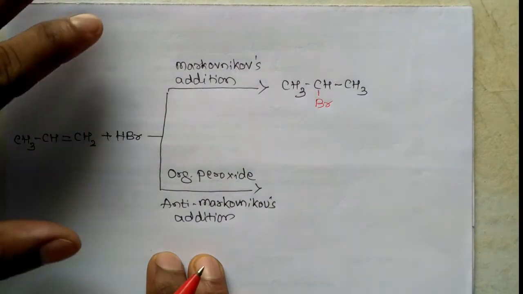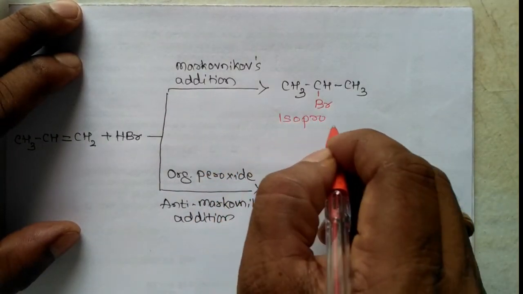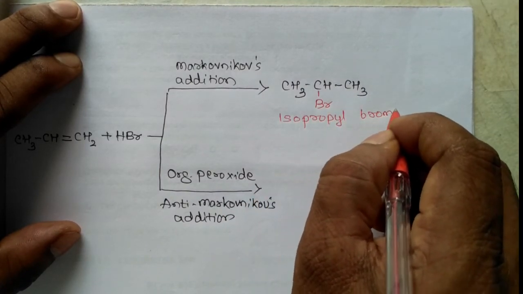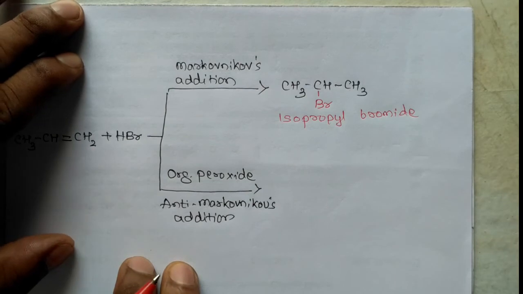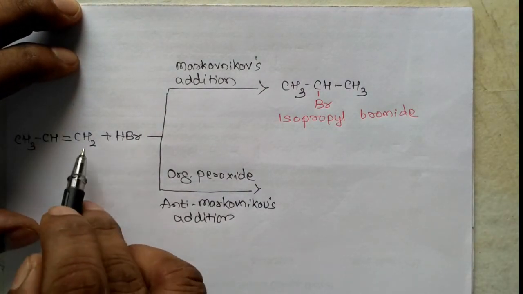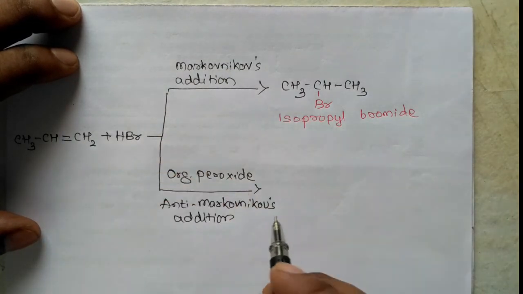So this is isopropyl bromide. In the presence of organic peroxide, the addition of Br takes place to the carbon atom containing more hydrogen. That is against Markovnikov's rule.